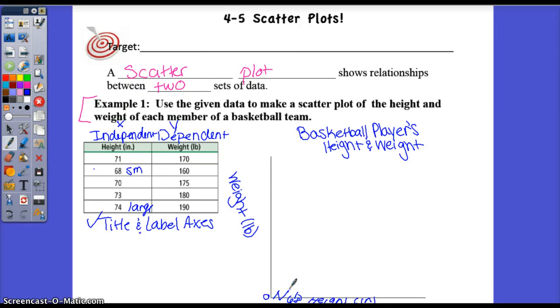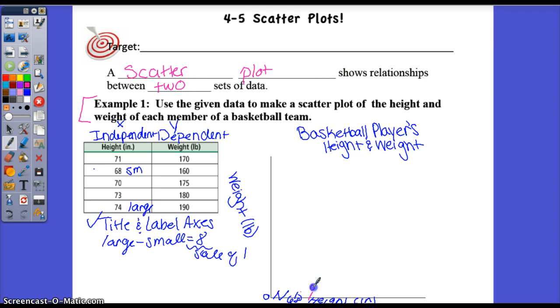And let's look from the largest to the smallest, 74 minus 68, that's just 8, the difference between the large and the small. So large minus small equaled 8. So let's use a scale of 1. So let's go 68, 69. Use different colors, kind of easier to see.